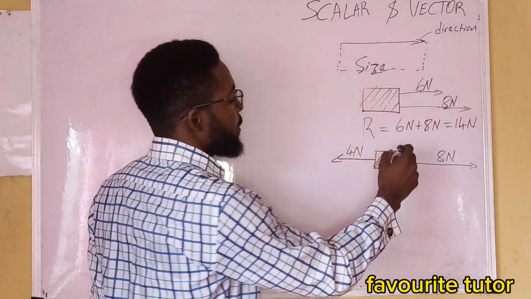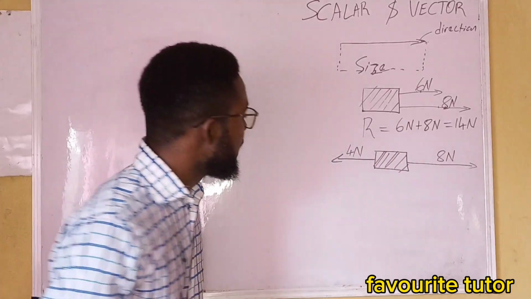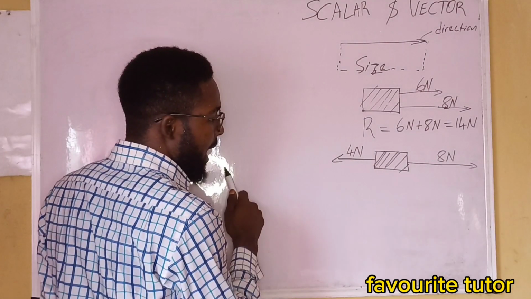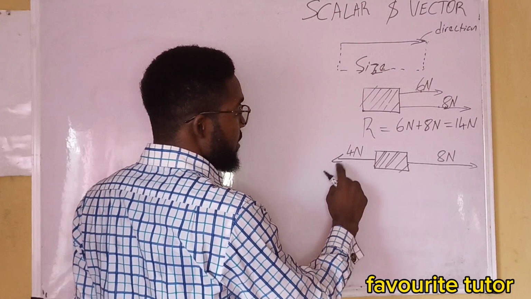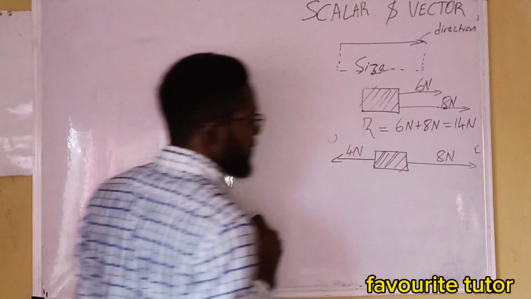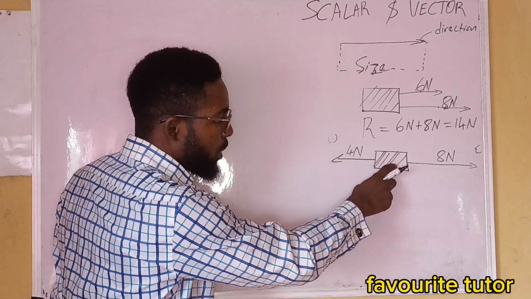Now, what is the force acting on this body? But before then, this 4 Newton force is acting on this side, the west, while here is the east. That's the direction. Now, where will this body move to?